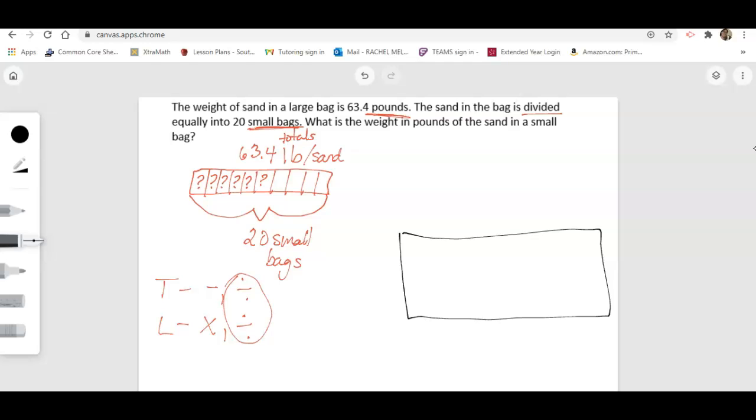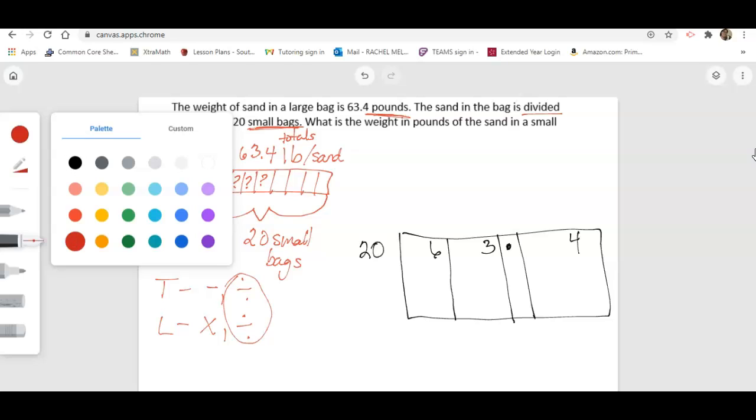So I have 63 4/10, and I'm going to divide that by 20. I'm thinking of 20s this time, so grouping 20s.